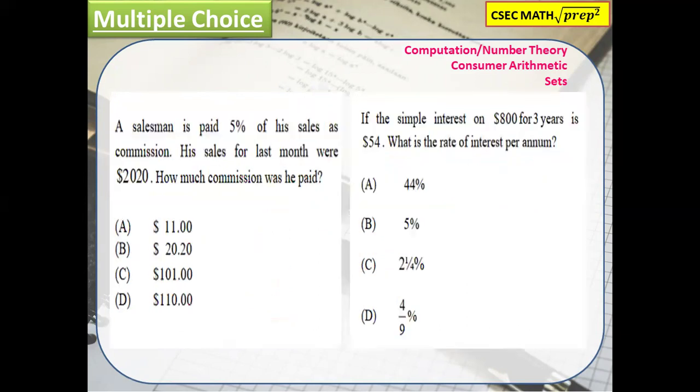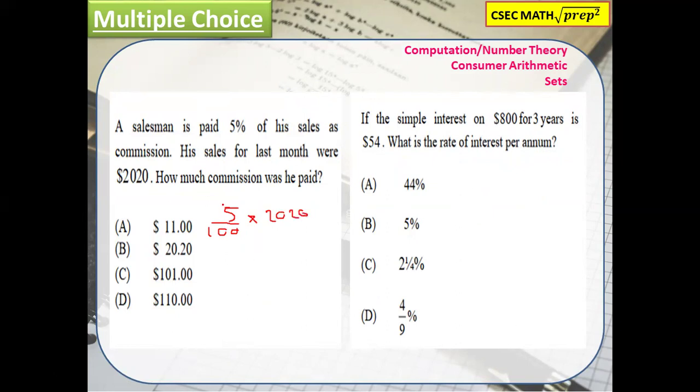That's it. Moving on to some other consumer arithmetic questions. And this one is on commission. A salesman is paid 5% of his sales as commission. His sales for last month were 2020. How much commission was he paid? All right, so approaching this question simply again, we have to find what 5% of 2020 is.